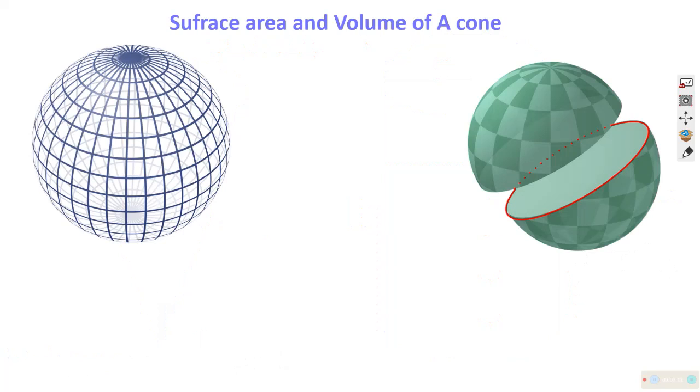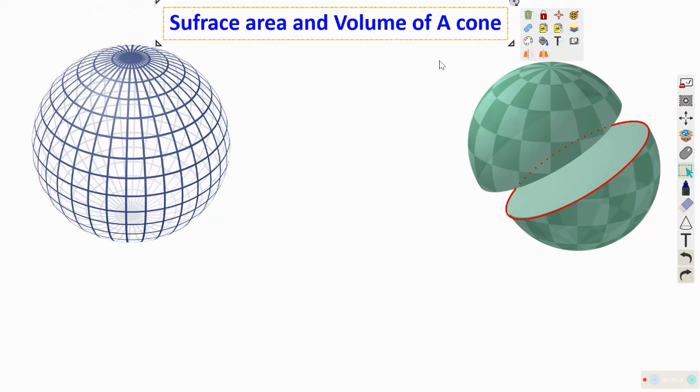After surface area and volume of a cone, we have to find out the surface area and volume of a, what we say, sphere.